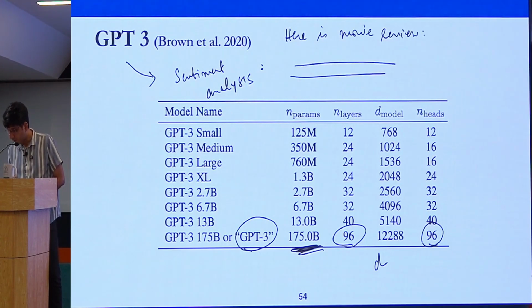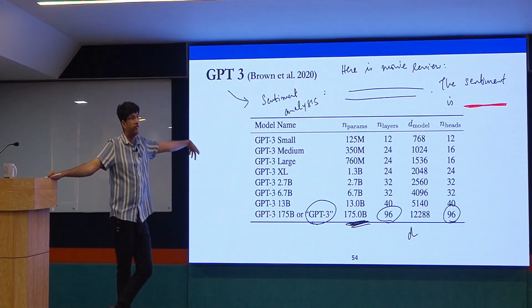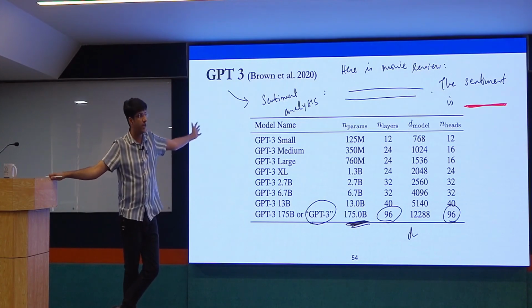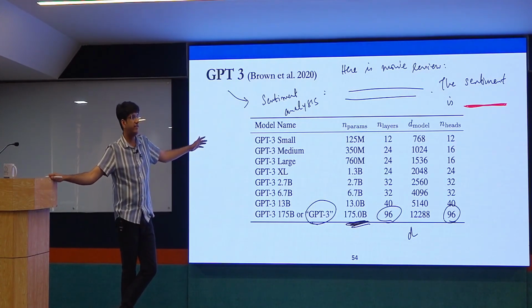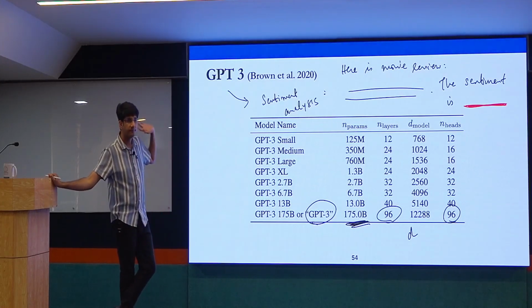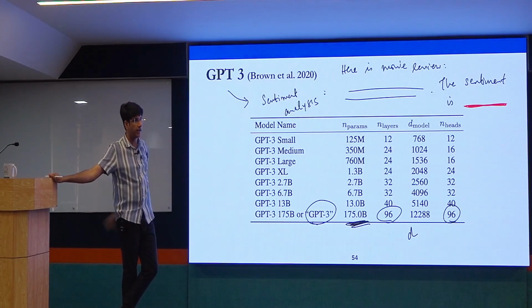Write down that review and then say the sentiment is, and blank. Now you have converted the task of sentiment analysis to a task of language modeling. If the model says positive, the sentiment is positive. If the model says negative, the sentiment is negative. It could happen that the model says awesome, so you will have to do some mapping back to whether it's positive or negative.